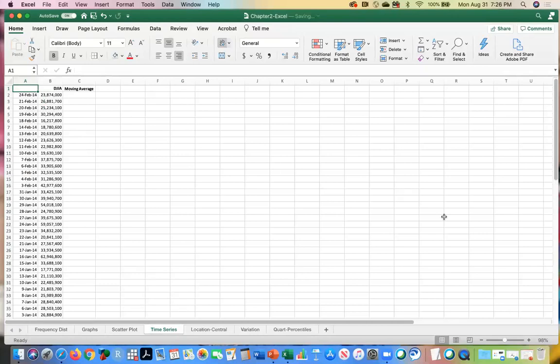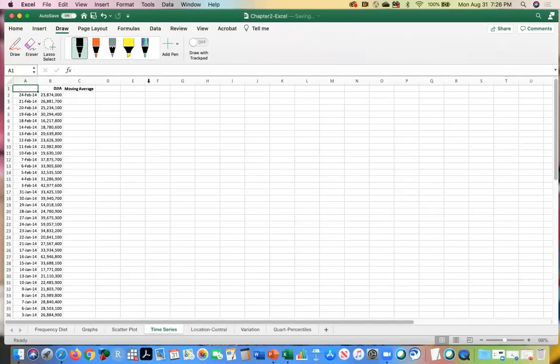So in my time series graph, I'm gonna have here the time and here the values. So the values of this Dow Jones Industrial Average.